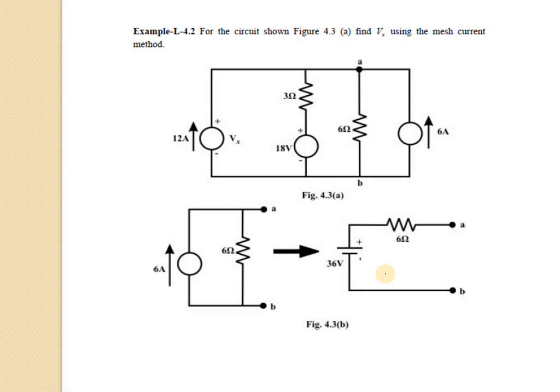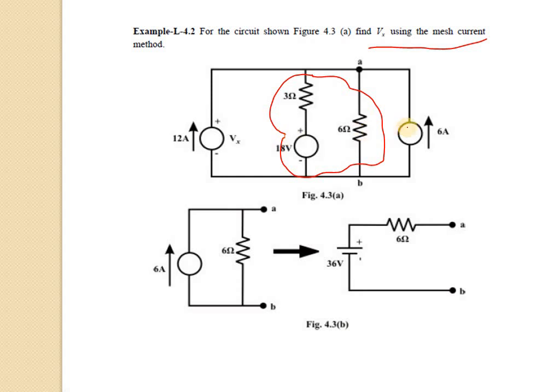Another example we are taking here. Here we have to calculate the value of Vx using the mesh current method. Here we can see that we have two voltage sources, and one voltage source is connected with a series resistance, and this voltage source is also connected with a parallel resistance.